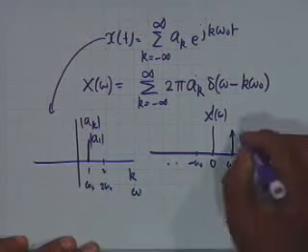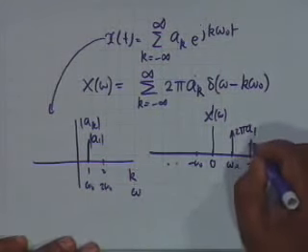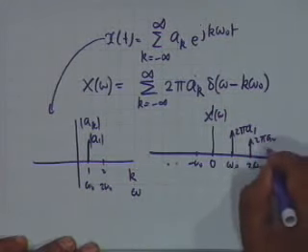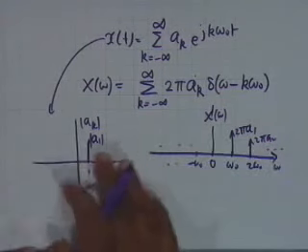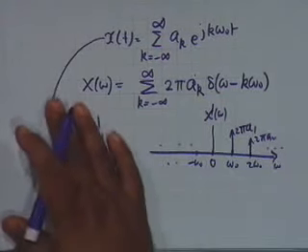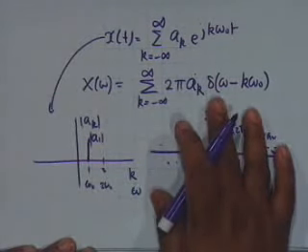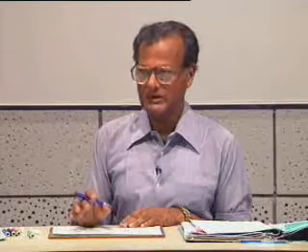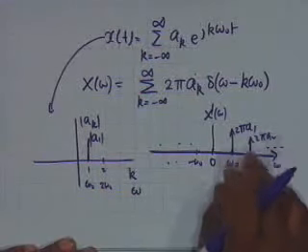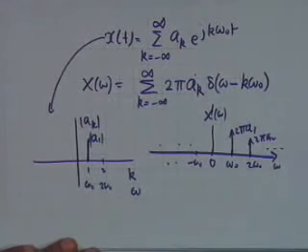So there is a scaling factor of 2 pi. Similarly, the impulse here shall be 2 pi a_2 and so on, both sides. You see the similarity between the Fourier series and the Fourier transform of a periodic function. In terms of the Fourier series, the spectrum is a line spectrum. In terms of the Fourier transform, the spectrum is discrete but not a line spectrum. Instead of a line, you have impulses.